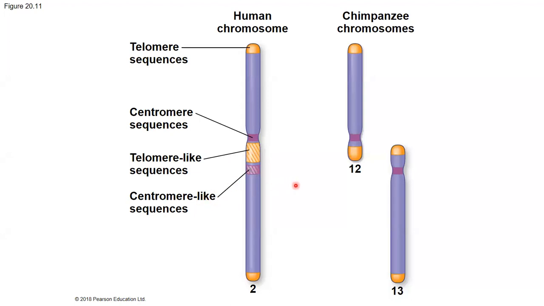So scientists think that we are different from the chimpanzees in the number of chromosomes. We know that the number of chromosomes in humans is 46.